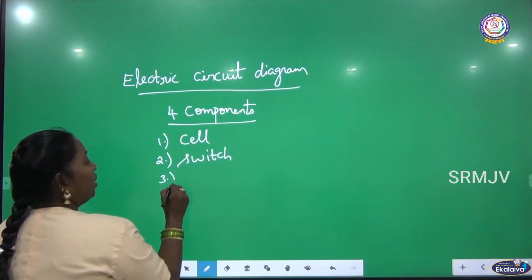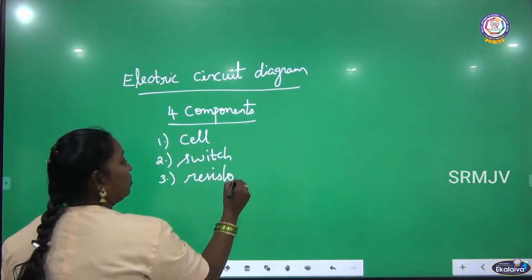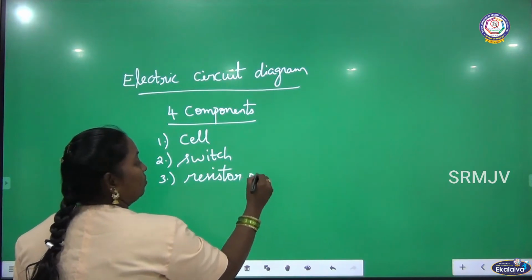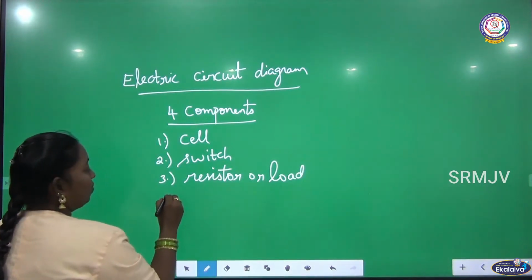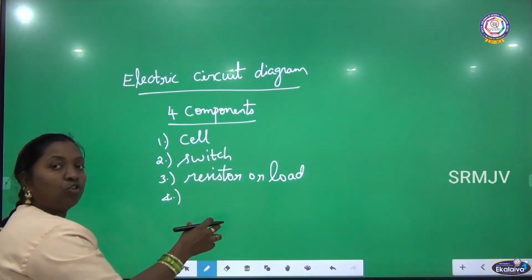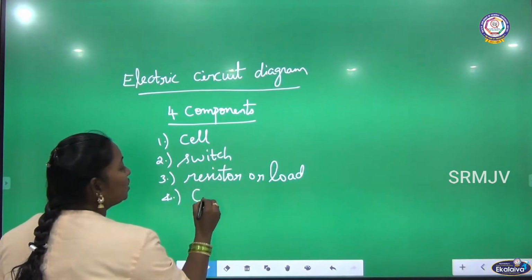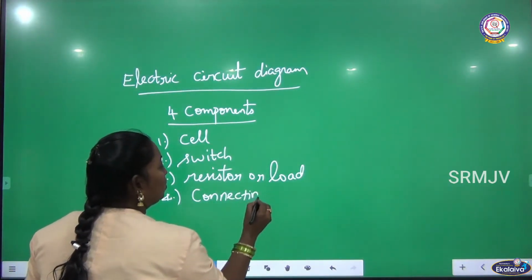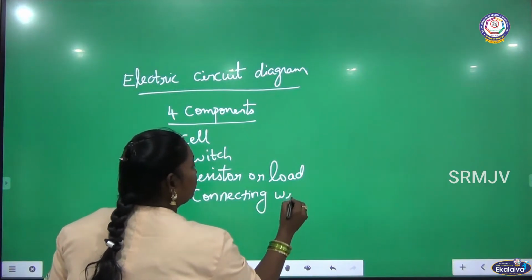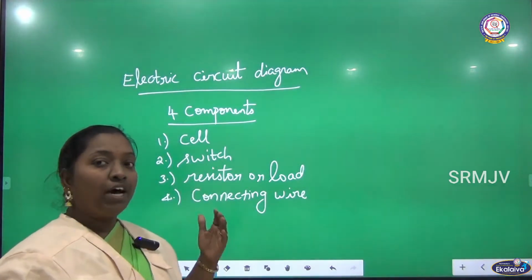Number 3, you can call this resistor or load. And number 4, we have to connect all these components to form a circuit, so I have to connect them with the connecting wire. So these are the main components to form an electrical circuit.